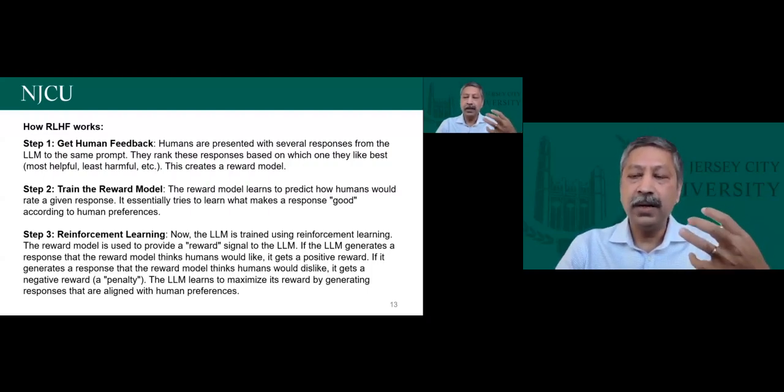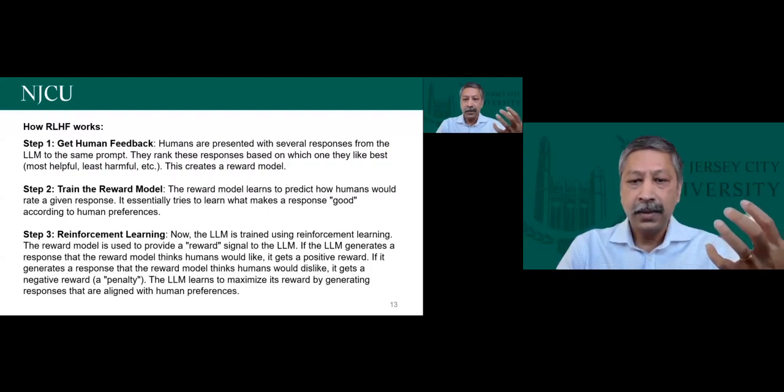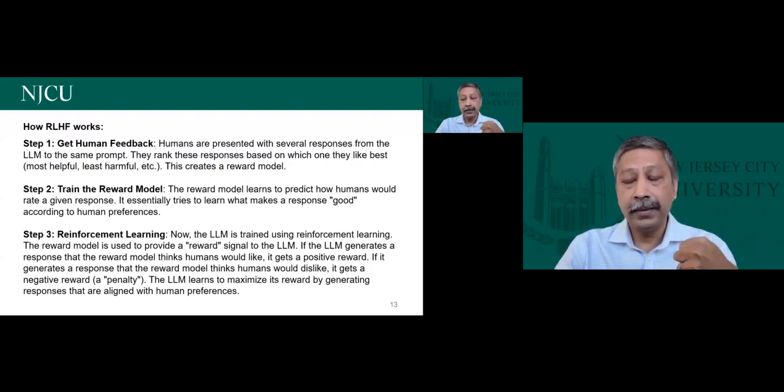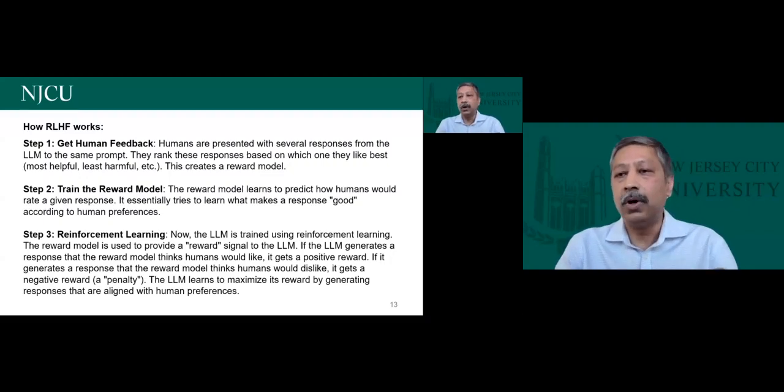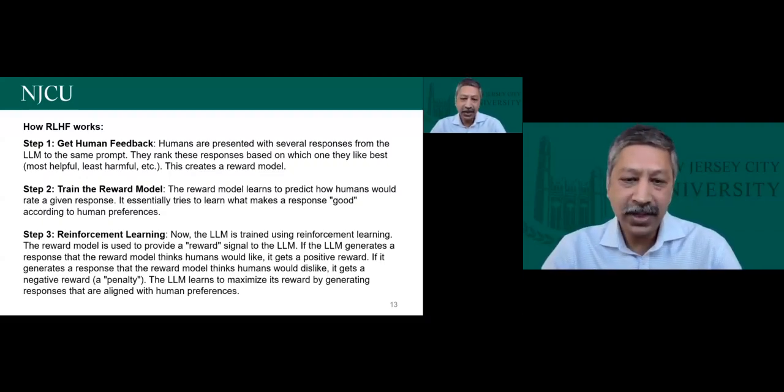If the LLM produces a response that humans would like, then it gives the LLM a positive reinforcement, right? And if it doesn't, then it gives it a negative reinforcement or a negative reward, right? That's why it's called a reward model. It's giving these rewards to make the LLM behave in a particular way, right? Just like we would deal with a child, we implicitly give children positive reinforcement and negative reinforcement, right? So it's the same idea here.